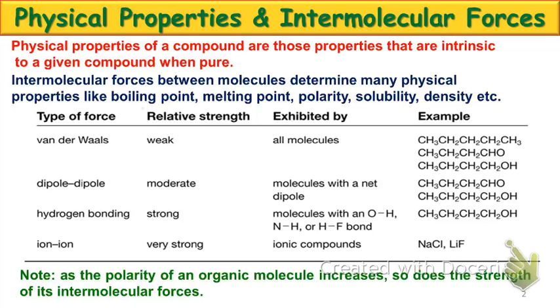You need to be familiar with their relative strength. So ion-ion is very strong. Van der Waals or London dispersion are very weak. It gives you a general rule on how to predict these intermolecular forces, and also provides some examples. So it's kind of nice for that.